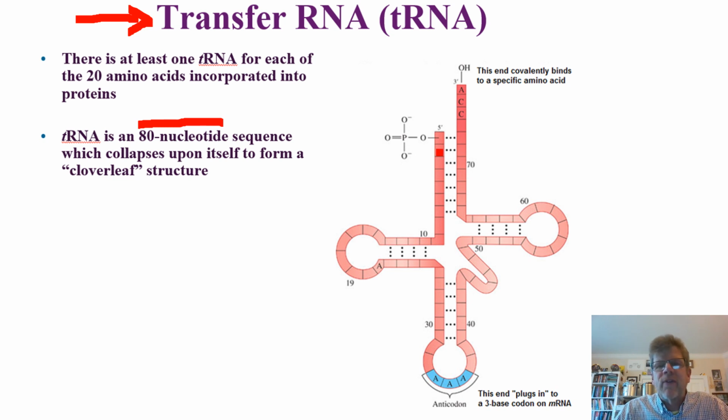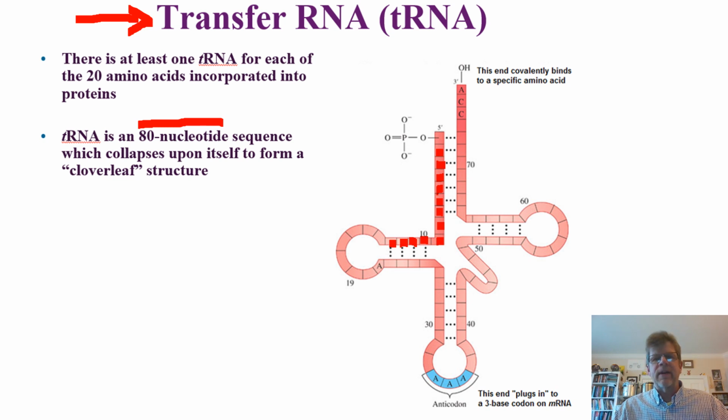If we travel along here, I'm highlighting the boxes within this transfer RNA. Each of these boxes represents a nucleotide, and if you counted all of these boxes as I'm moving along, there'd be about 80 of them.